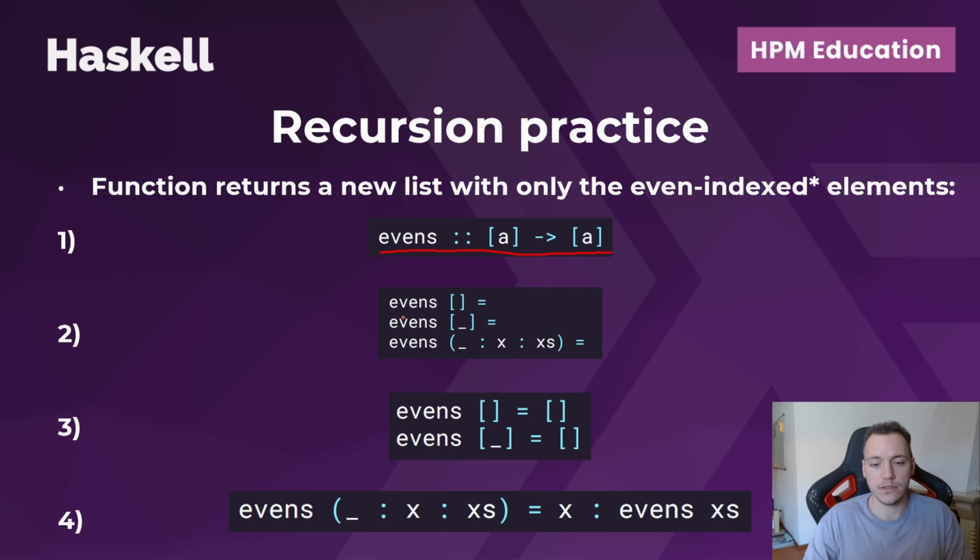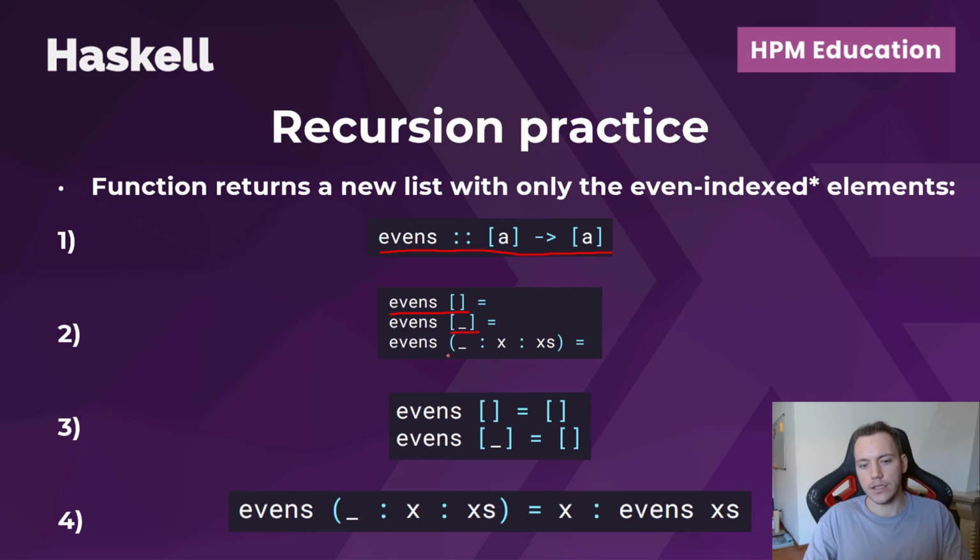In the second step, we enumerate the cases that we expect. First of all, we can expect the case of an empty list. Okay, we can expect a case with just one element in the list. We expect this because if there is one element in the list, then we know we don't want it.